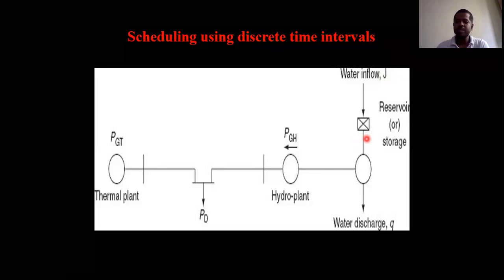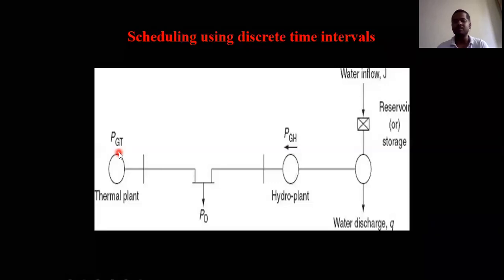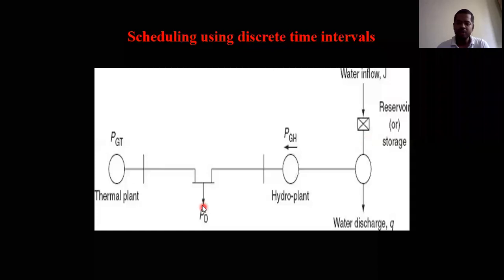But our main objective is to find out the water discharge. How much water discharge is to be allowed in order to generate this PGH in such a way that the cost of PGT must be minimum? Understanding everybody? We know the J value, we know the storage values, and we know the PD values.